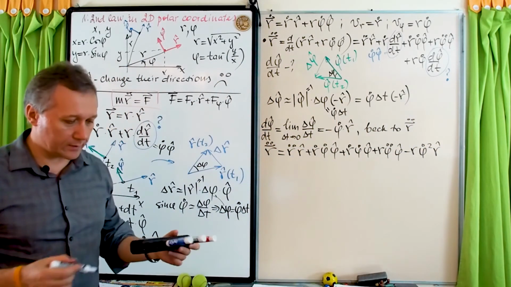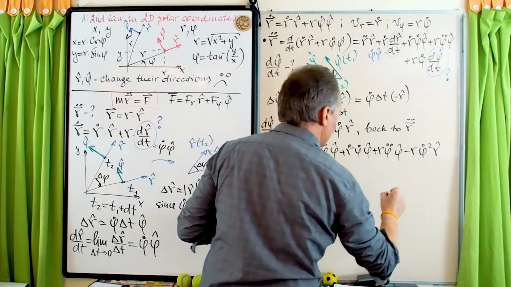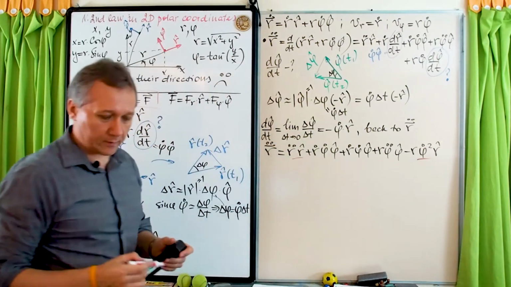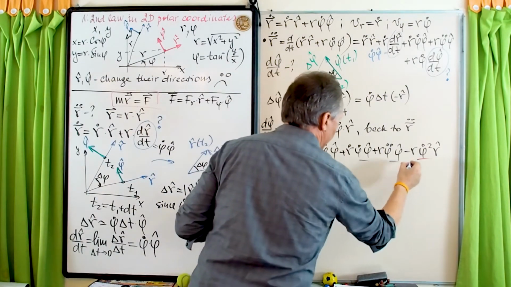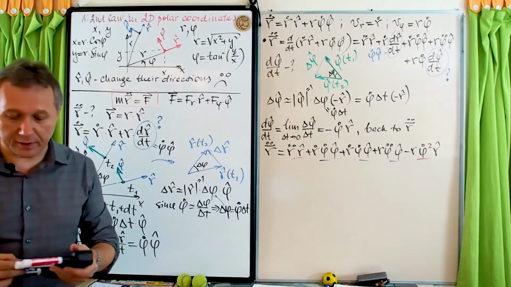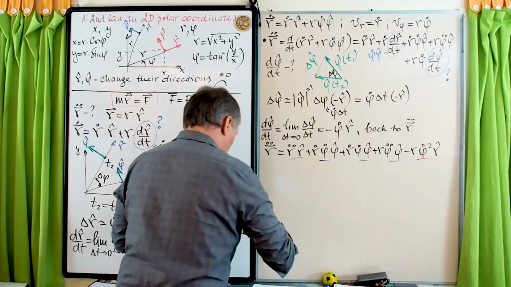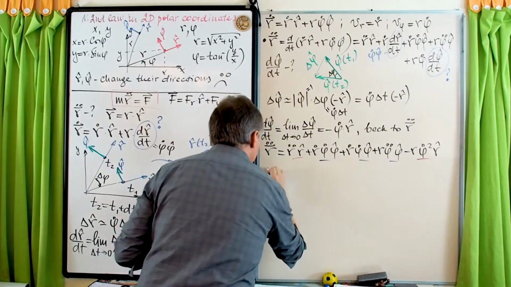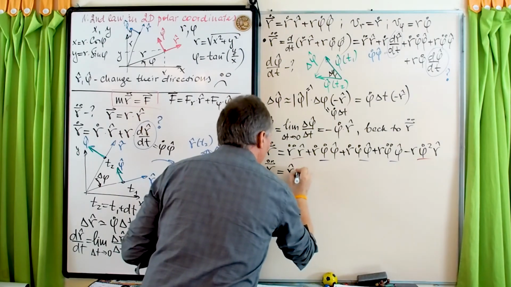So what do we have? R hats, we need to combine those. And phi hat in the phi direction. So as a result, finally we're getting basically the final result, which we wanted. R double dot equals. So first r hat.